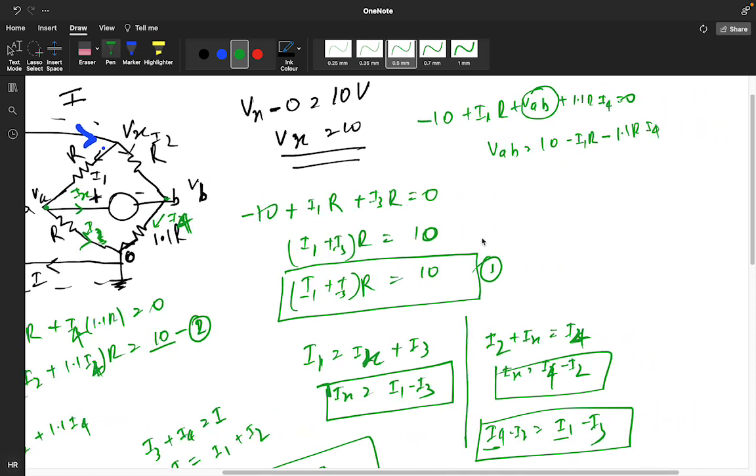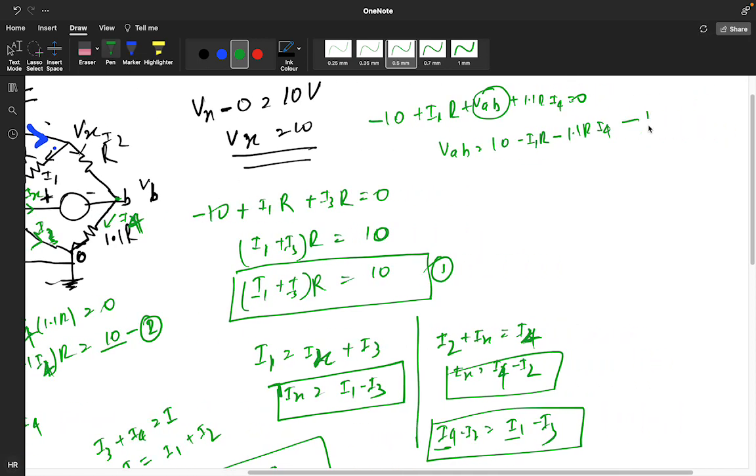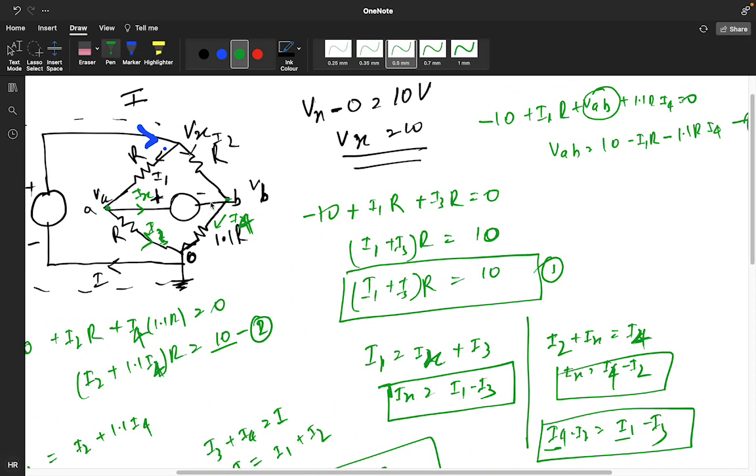So you get one equation from this loop, and try to get the equations from this loop and this branch loop also. You will get another equation in terms of VAB, and another if you apply KVL in this particular loop also.